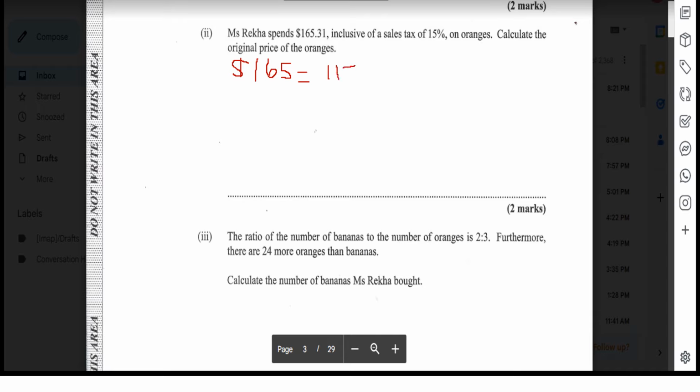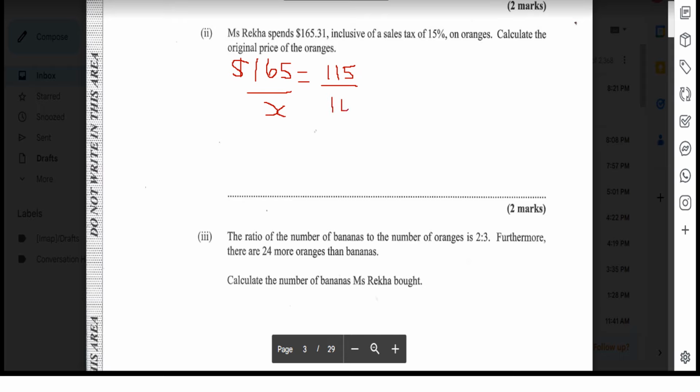So we'll put 115% to represent the price plus the sales tax. But we want to find the original price before the sales tax. So we put on this side x is equal 100%. That's the original price.